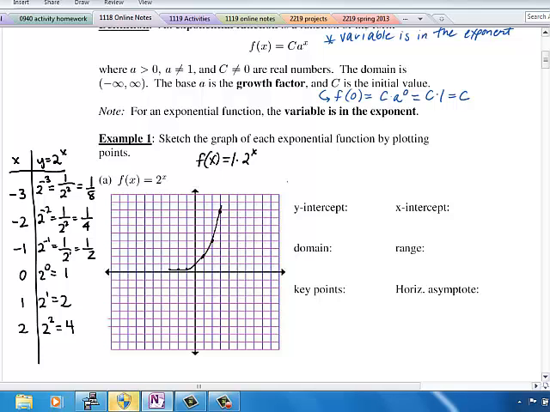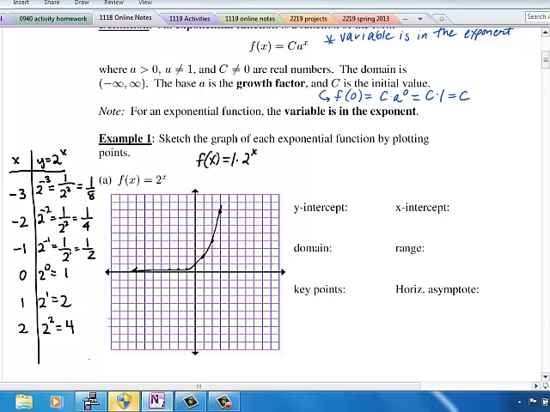So it's going to grow quickly, and that's where the term growing exponentially comes from. From a function like this, it will grow and grow and grow very, very quickly. So over to the left, we want to know what's going on. And for larger and larger negative values, we'll have 1 over a larger and larger denominator.